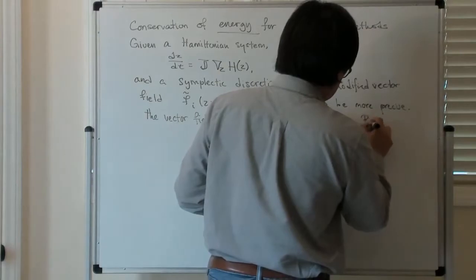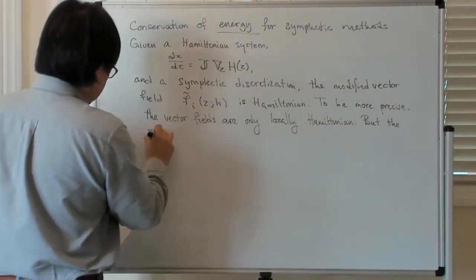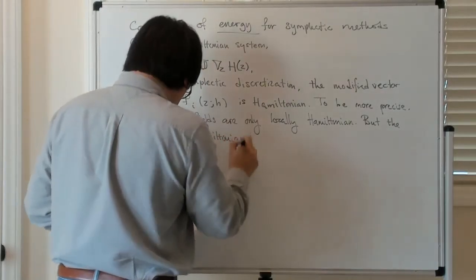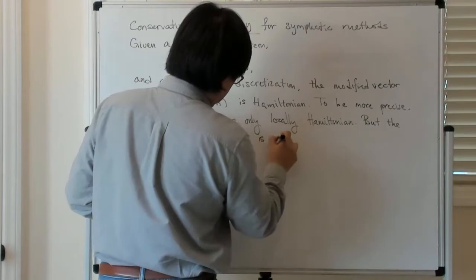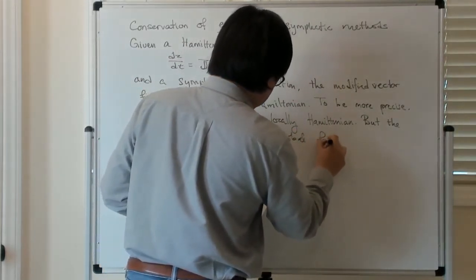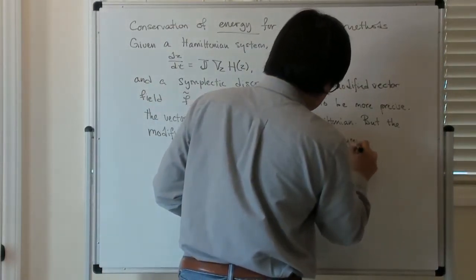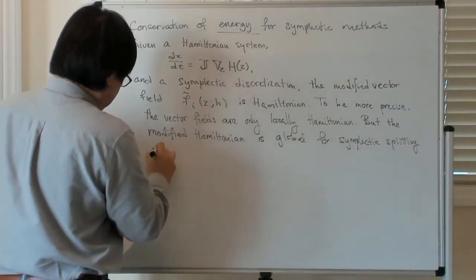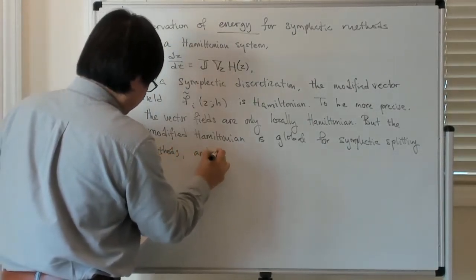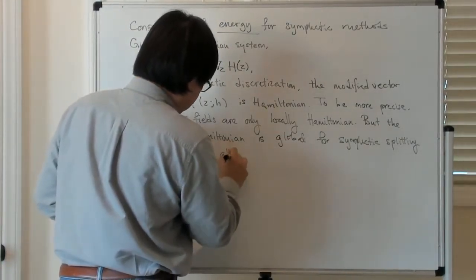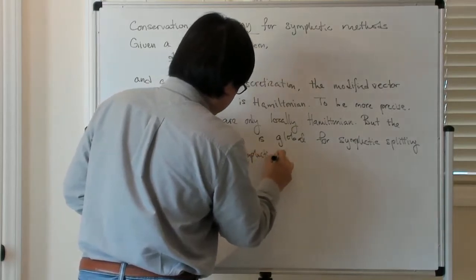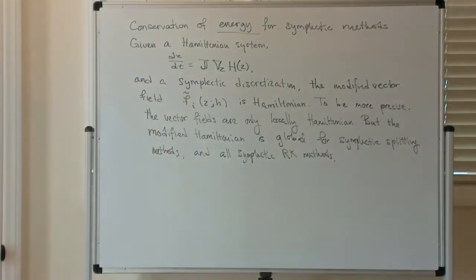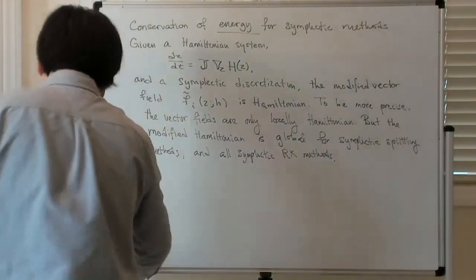Okay, but the modified Hamiltonian is globally Hamiltonian, right, for symplectic splitting methods and all symplectic integrators, and all symplectic recursive methods.